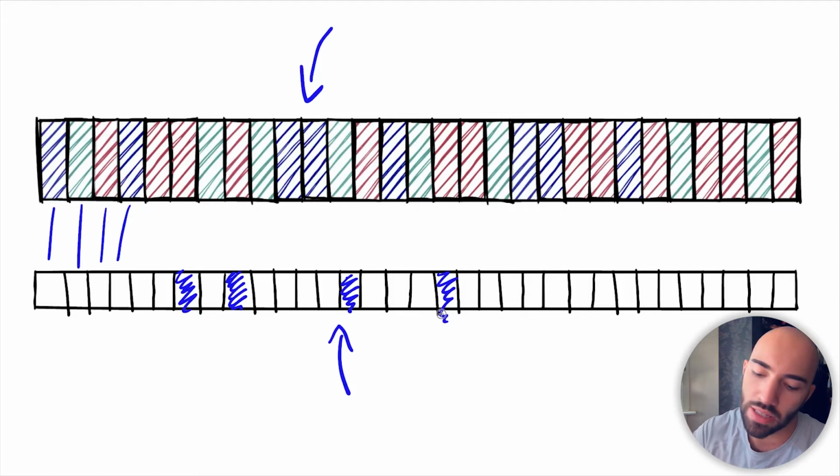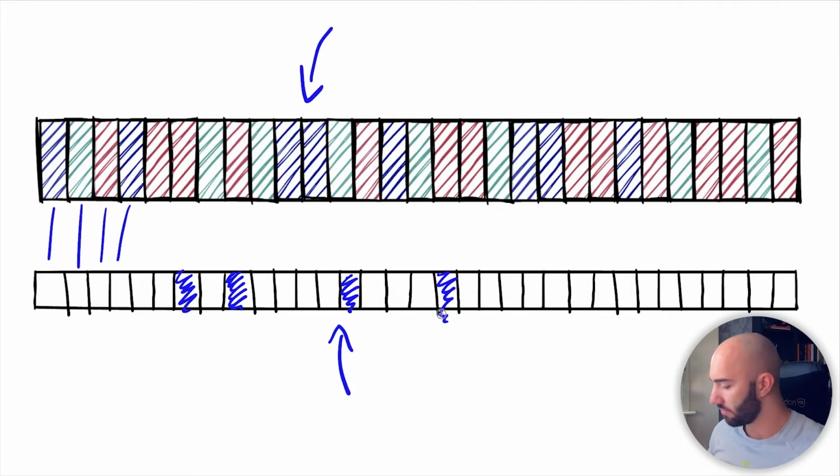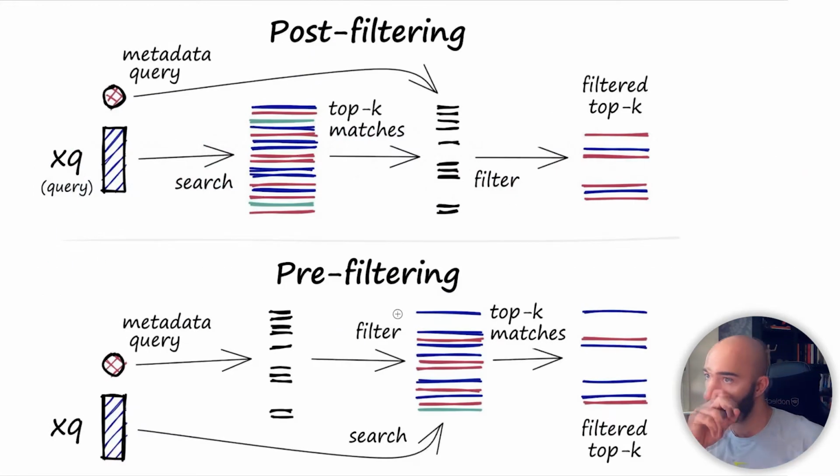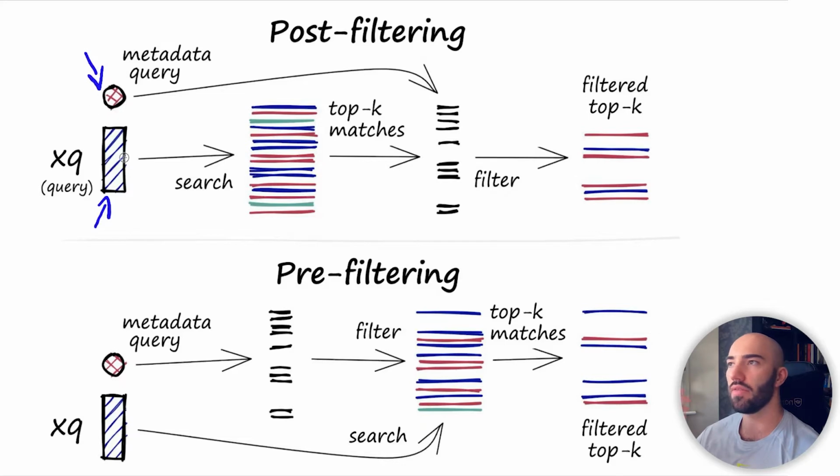But there are different orders and different ways of doing this, as we will take a look at now. So the first one of those is we could have a look at a post filter. So a post filter is nothing more than we take our query vector, which is over here, and we also take our metadata query over here.